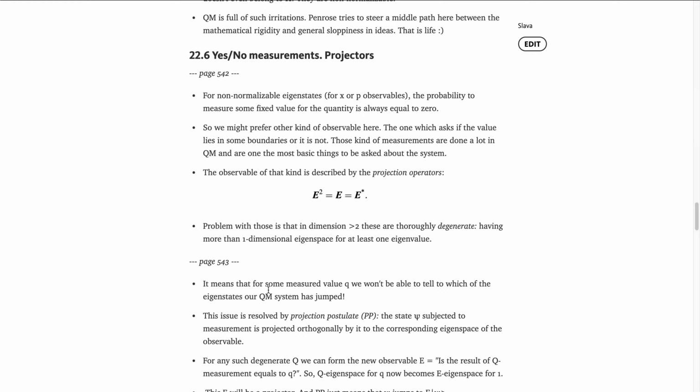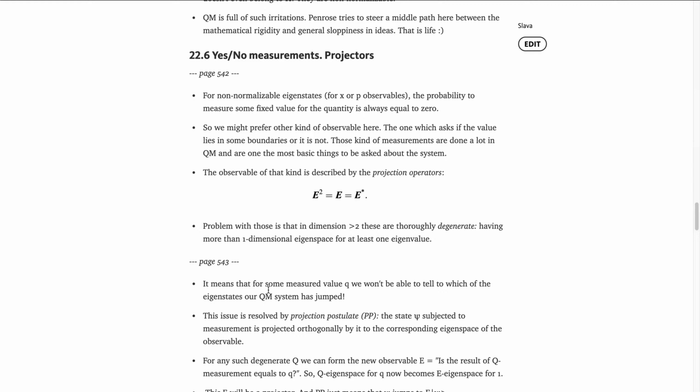And so we might prefer another kind of observable here, the one which asks if the value lies in some boundaries or not, and those kinds of measurements are done a lot in quantum mechanics and are one of the most basic things to be asked about the system.